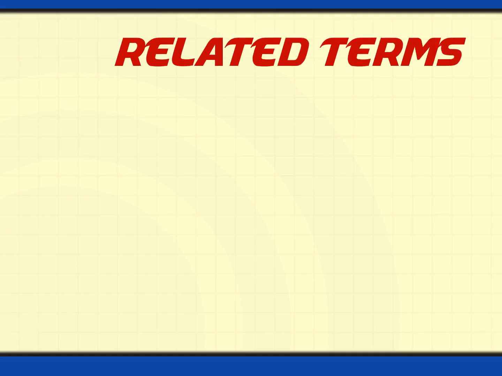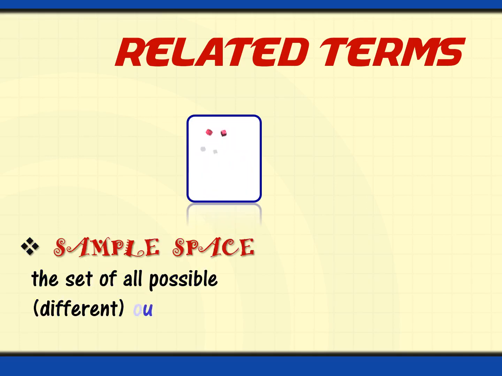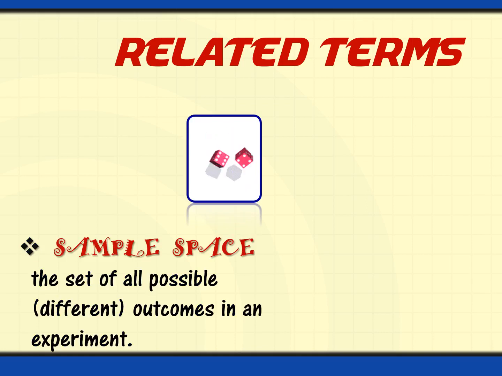There are words related to the word experiment in mathematics. For example, our experiment is rolling 2 dice. The first word is the sample space. It is the set of all possible outcomes or results in an experiment. So you can think of all the numbers that will come out when you roll 2 dice.